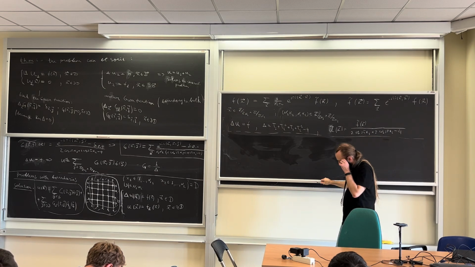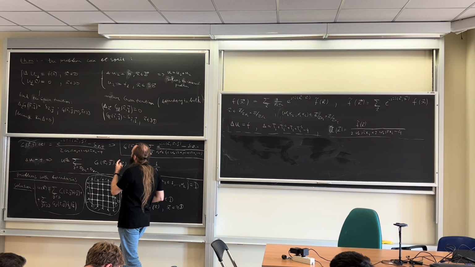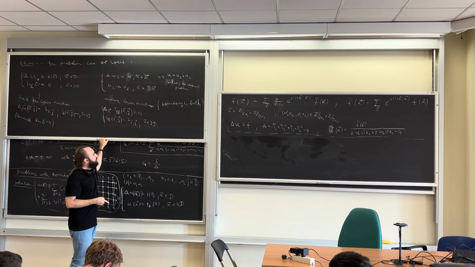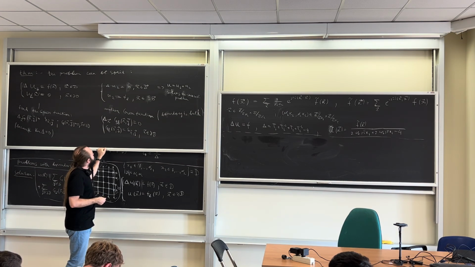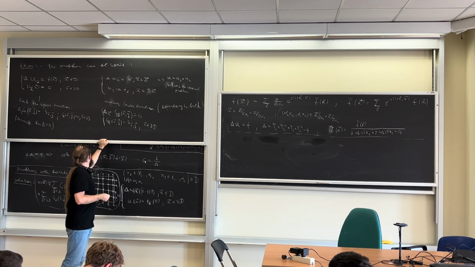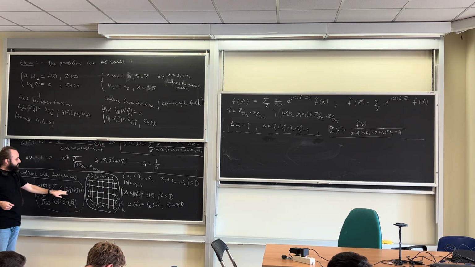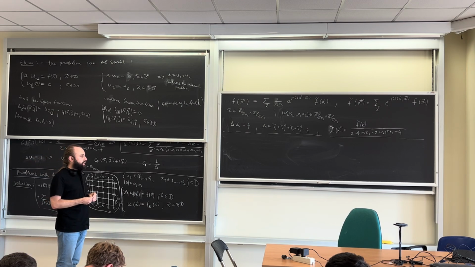And we also saw that if you compute this gain function in coordinate space and apply it to our problem, we get formulas of this kind: u of x equals the sum over y of g of xy times f of y, and so on.